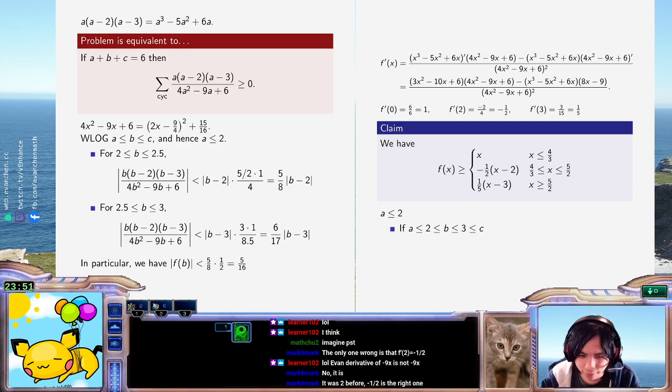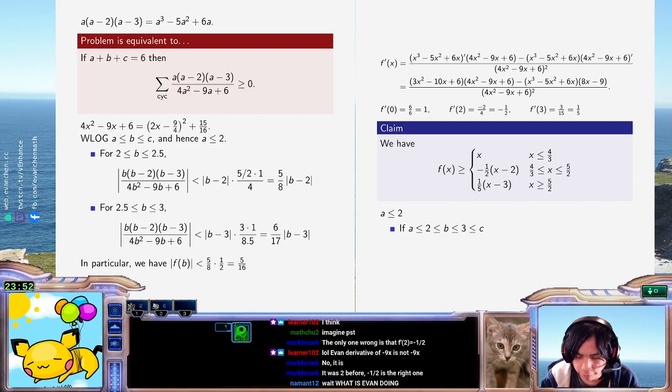Incidentally, since I'm typing this in Asymptote, I can actually use the real diagram. Real f, real x, return x times x minus 2 times x minus 3. F from 0 to 6.